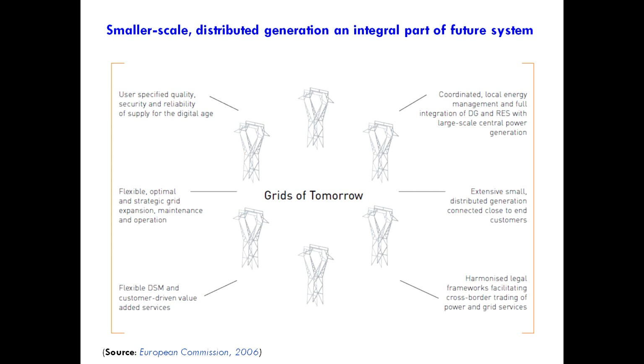And I can highlight here some of the main characteristics of the modern or future electric power system, and that is extensive deployment of distributed generation, energy storage, as well as other forms of distributed energy resources, as well as other characteristics that we see in development today.